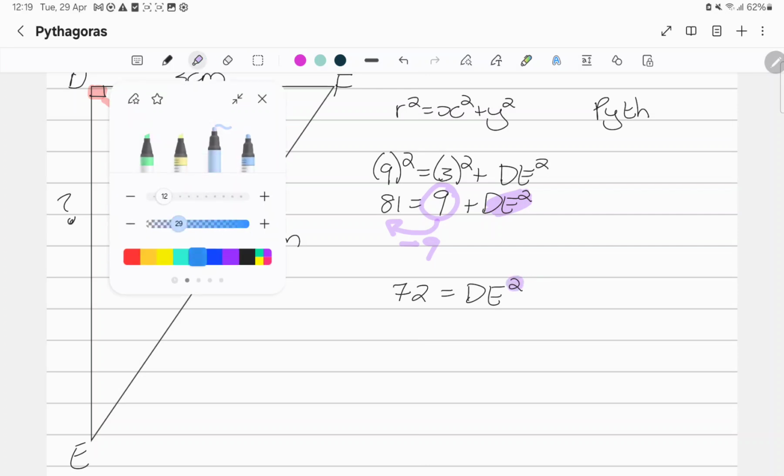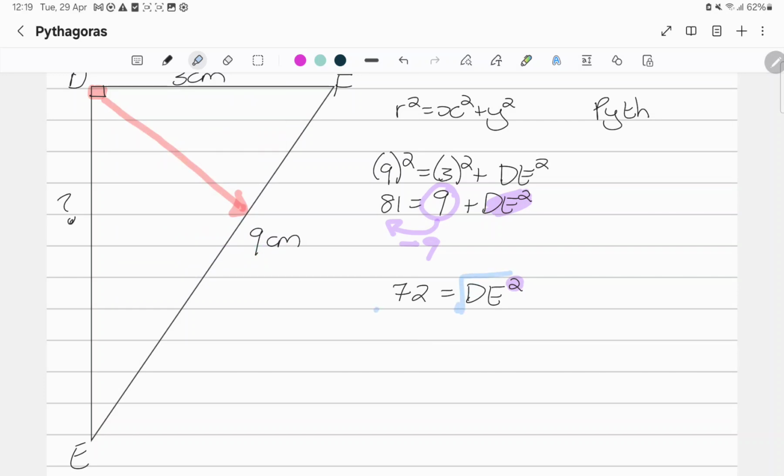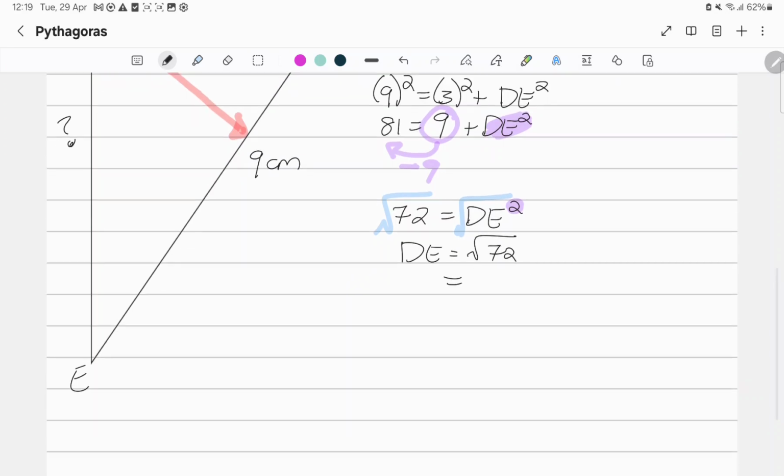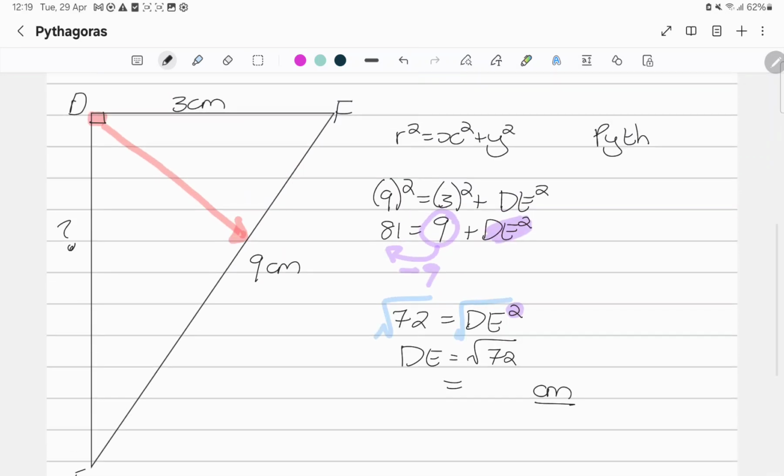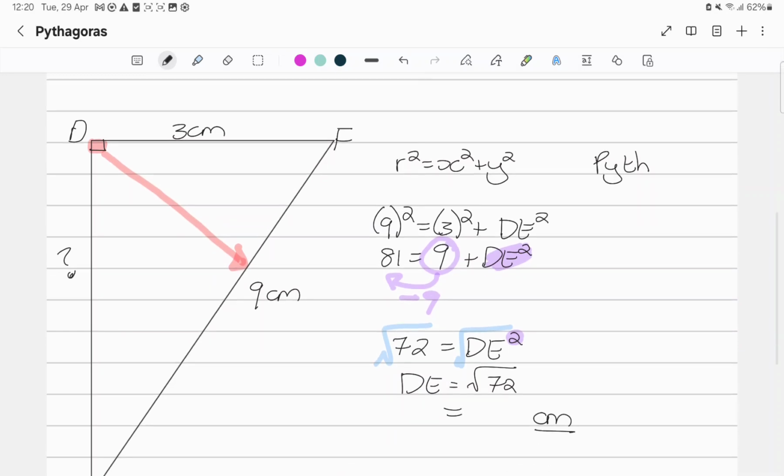So to get rid of this square, I have to put it in a square root. So then DE is equal to the square root of 72. Or you can put it in your calculator, get the simplified answer, and then just your unit. And this is basically the basics of Pythagoras. Find your 90-degree angle, find your hypotenuse, use your formula, substitute, calculate.